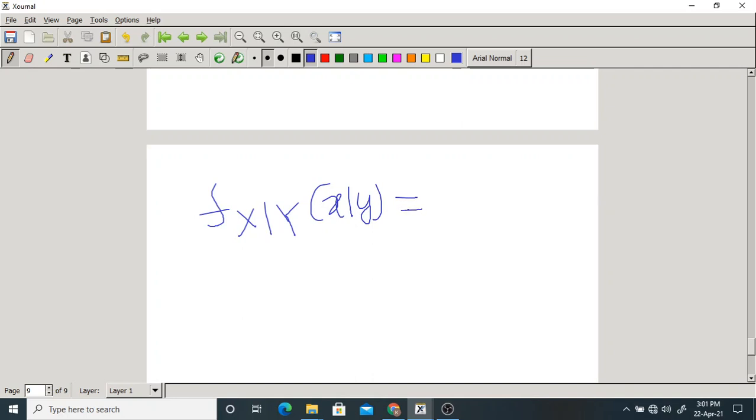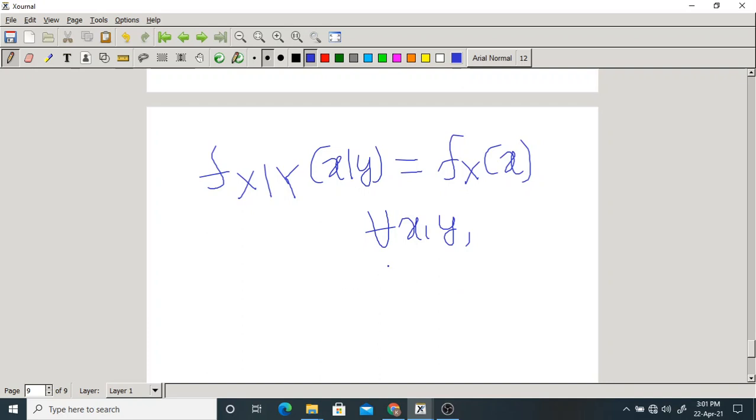If x and y are independent, what should it be equal to? It is fX of x for all x comma y. And what is the condition? One more condition you write here: fY of y should be positive.